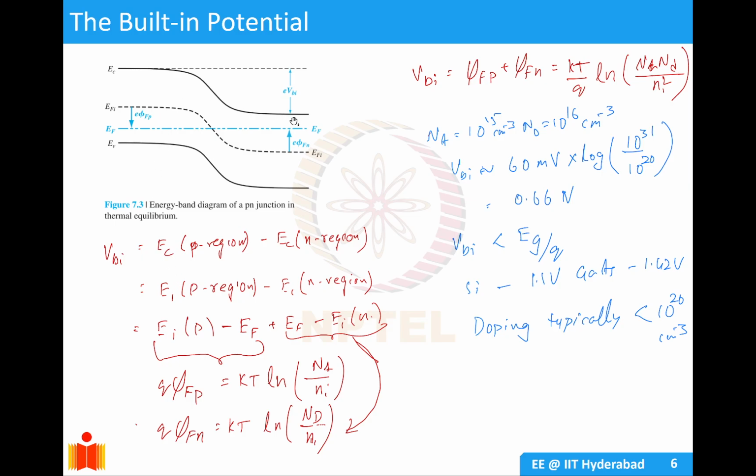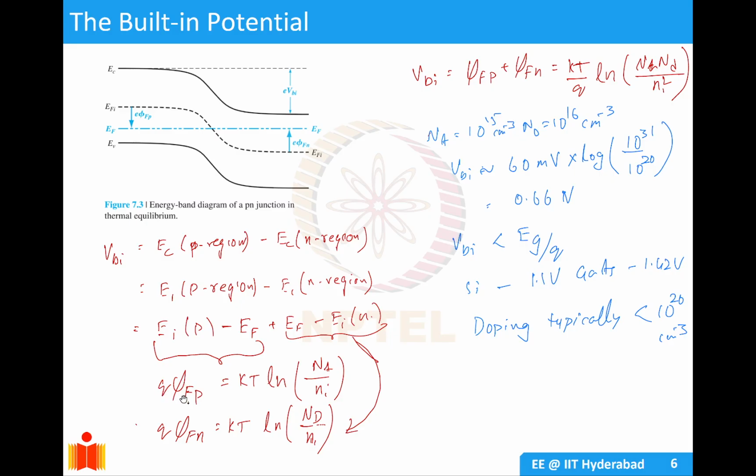So the built-in potential is given as the EC in the P region minus EC in the N region. Instead of EC, you can write EI in the P region minus EI in the N region, and that you can write in terms of Fermi energy as Fermi energy minus phi Fp and Fermi energy plus phi Fn.